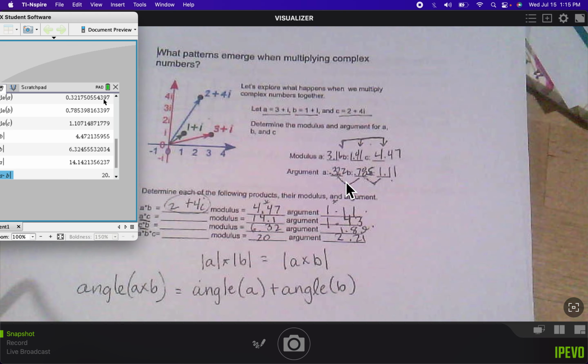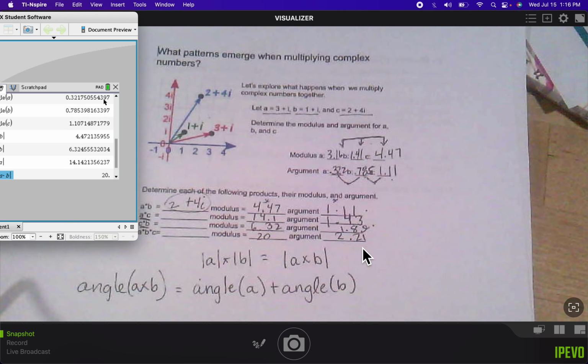These two numbers added together is going to give us this one. These two added together is going to give us C and B. And if you took A times B times C and figured out the angle of that new complex number, it would be the angles of the three already added together. So this number plus this number plus this number is going to give us this.